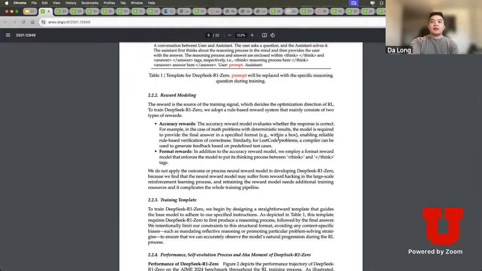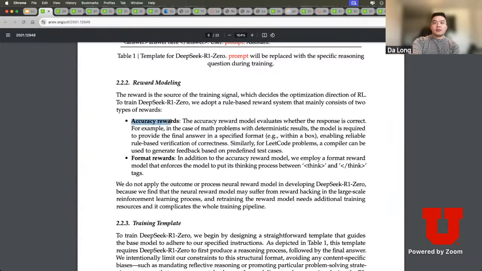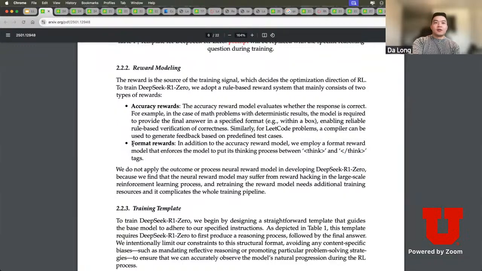So they don't want to train a reward model. Instead, they just design a reward function. They have two criteria. First, they evaluate the accuracy. But I think this depends on different problems. Maybe for math it's the final answer, and maybe it's a multi-choice question, so they have to write a lot of code for the accuracy check. And then they also have the format reward.